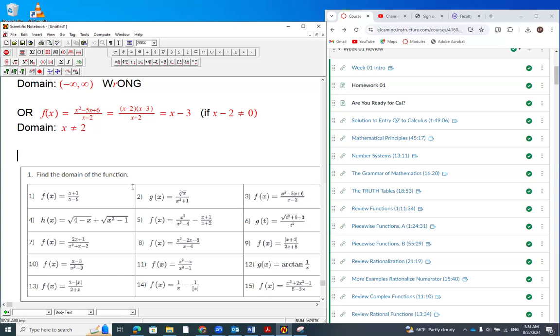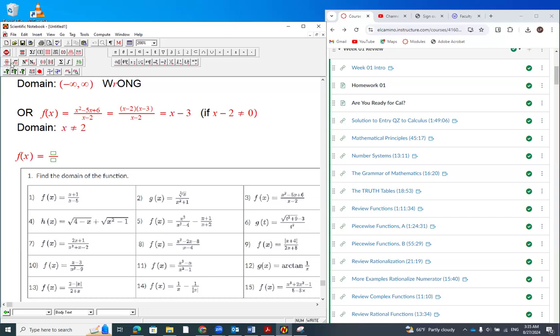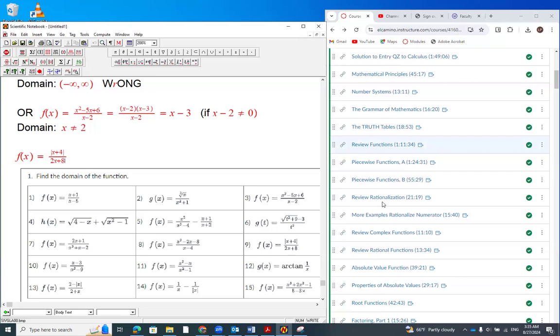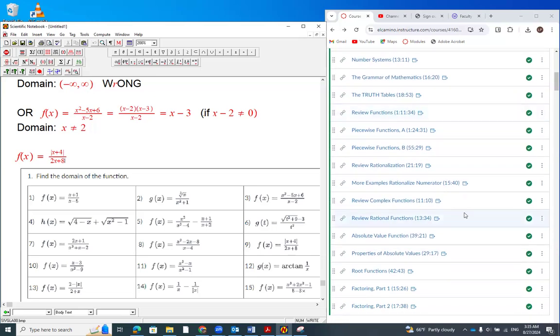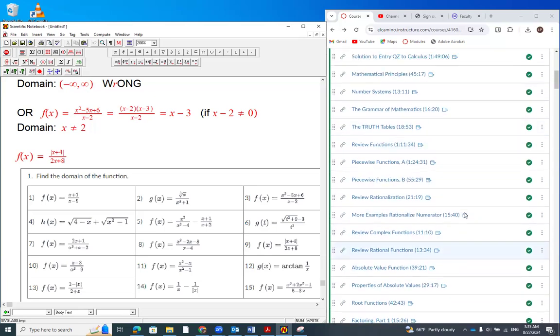So let's look at number 9 first. f of x equals the absolute value of x plus 4 over 2x plus 8. At this point, I wish to bring to your attention the properties of absolute value.